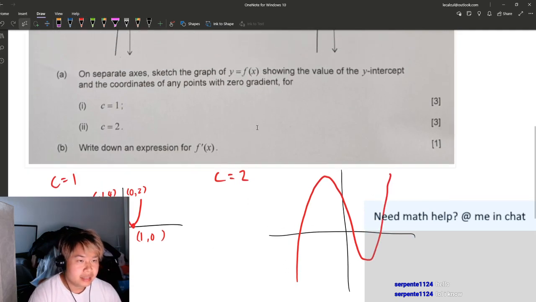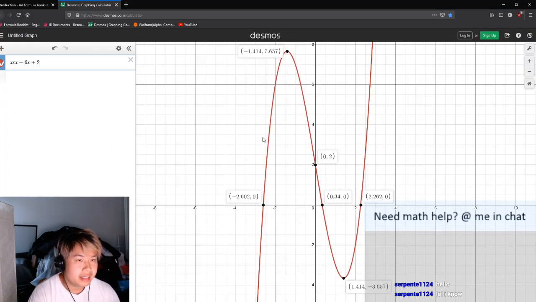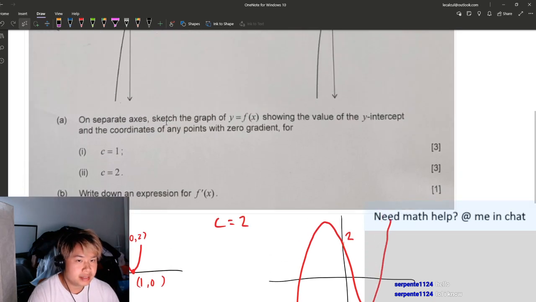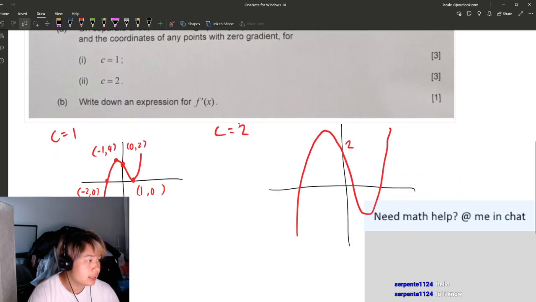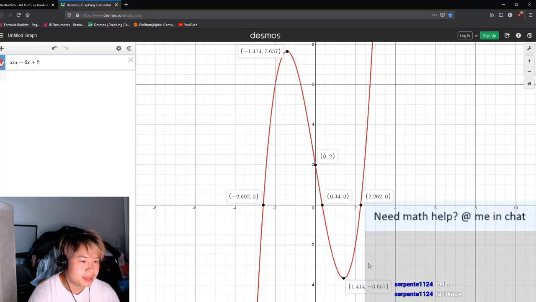They want you to show the value of the y-intercept, so that is still 2. And then it says any points that have a 0 gradient. That would be our local maximums and minimums. So in this case, this number and then this number.